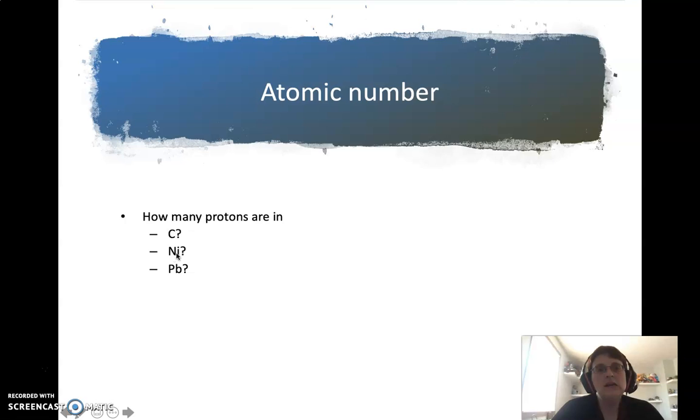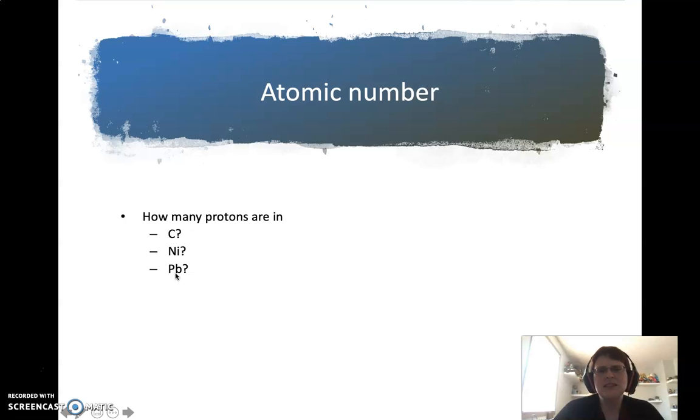Carbon starts with C, same with nickel, Ni, and then lead, Pb. The thing is that some of the older elements have names based on other properties or older names, and this is plumbum. These used to be used for plumb bobs, basically to be able to tell the center, and so that's why lead is Pb.